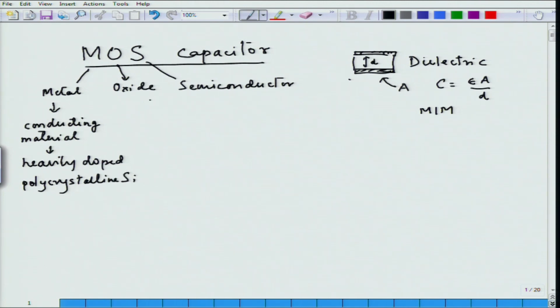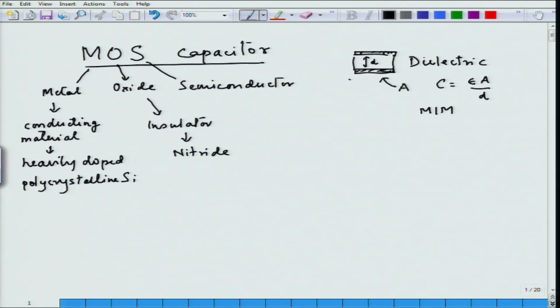And very often the oxide is not an oxide, it may be another insulator, for example, a silicon nitride layer or some other insulator.